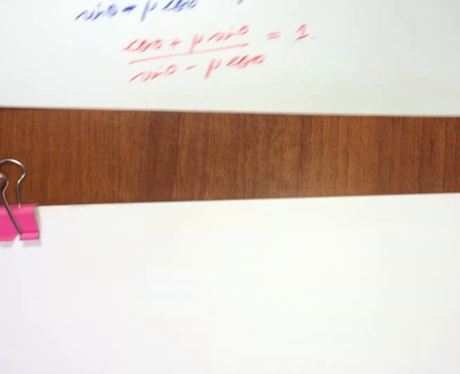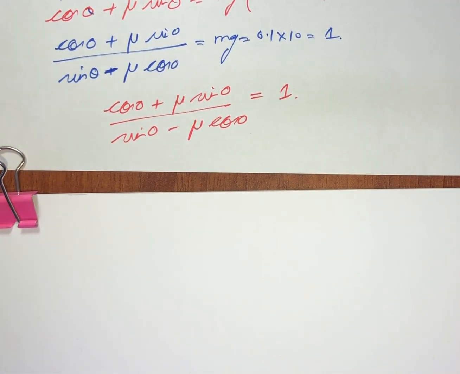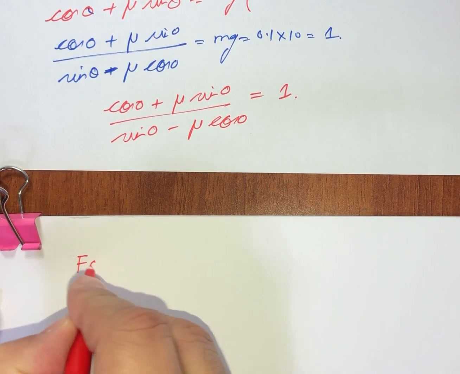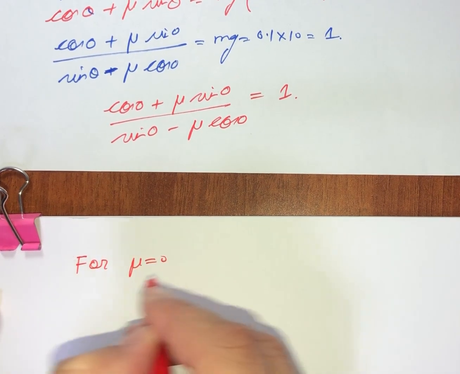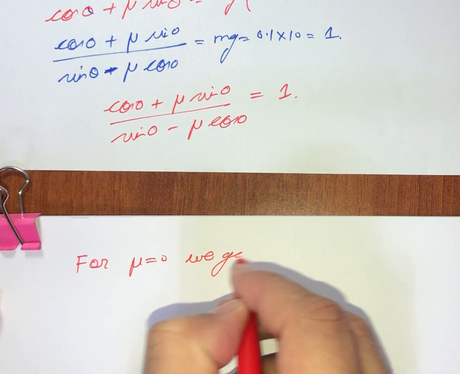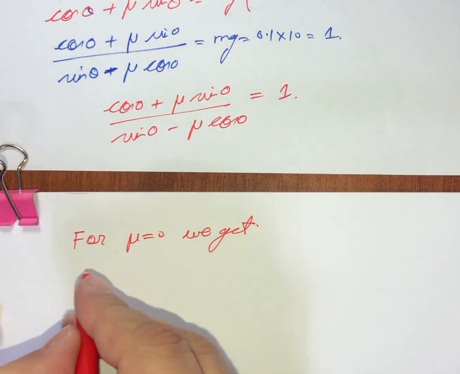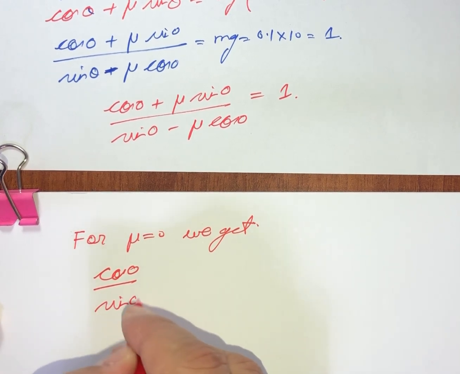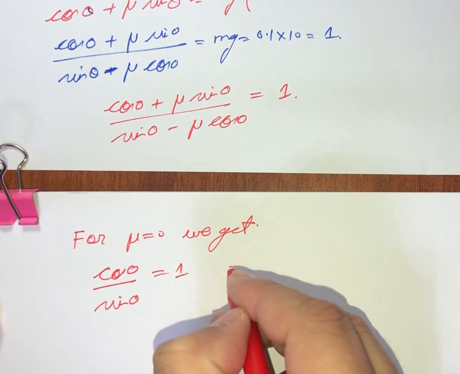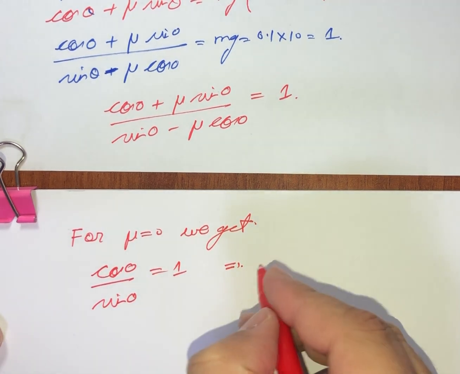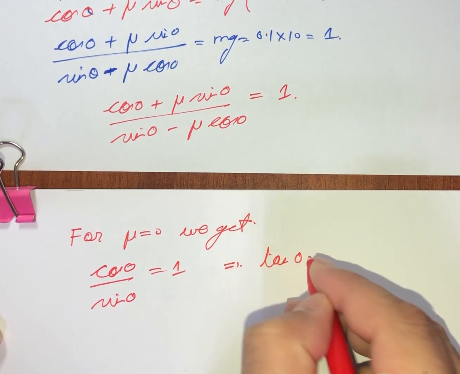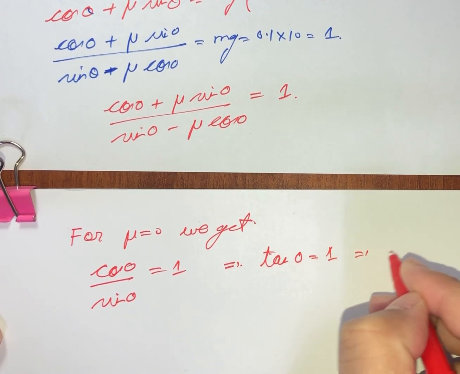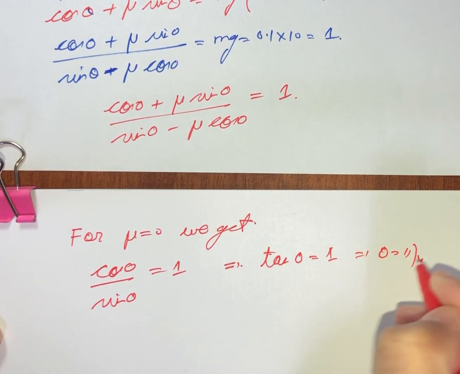So if the value of coefficient of friction is 0, say mu is equal to 0, we get cos of theta divided by sine of theta is equal to 1, or from here we can say that tangent of theta is equal to 1, or this means theta is equal to pi by 4.